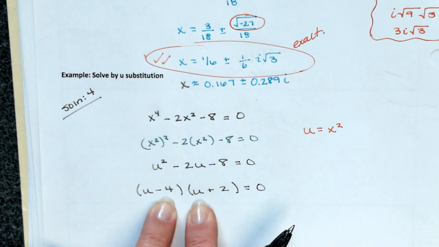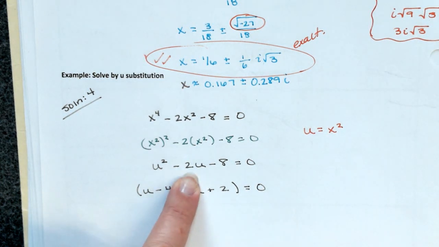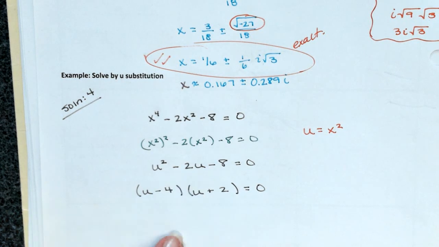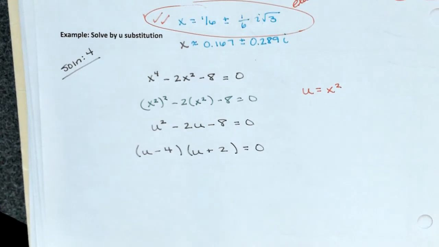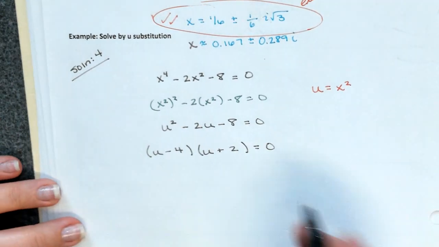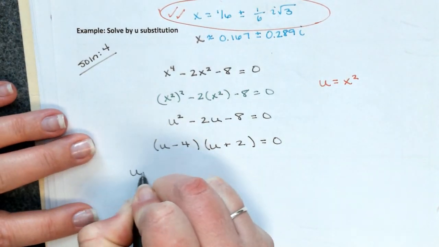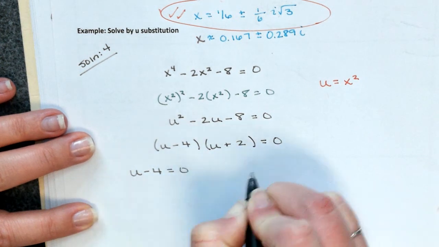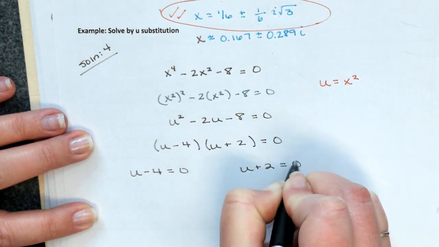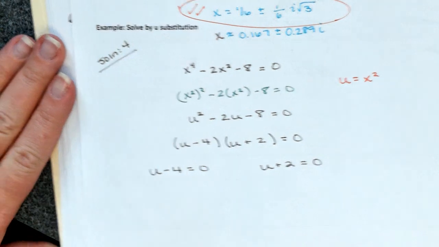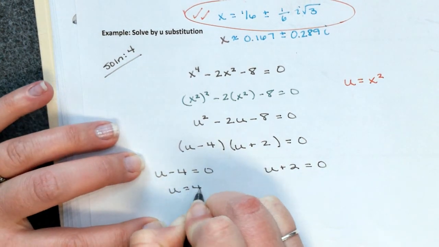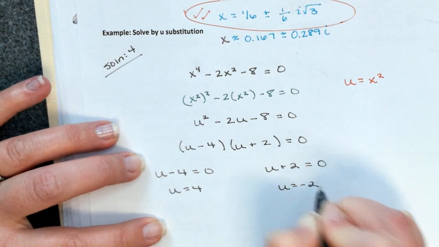My inside will be negative 4u, which does equal the negative 2u in the middle there. So that's the factored form. Now that it's in factored form, you say, okay, well, u minus 4 could equal 0, or u plus 2 could equal 0. That means u has to be 4, or u has to be negative 2.